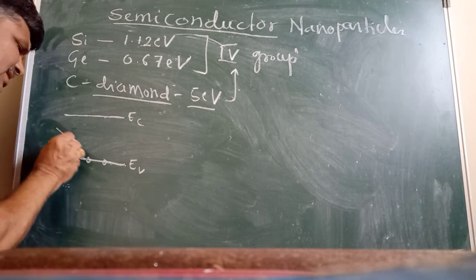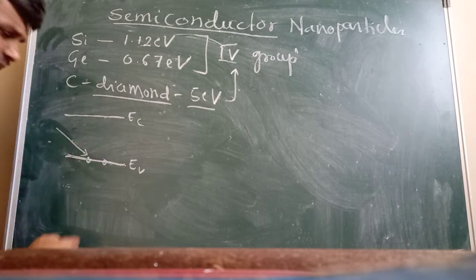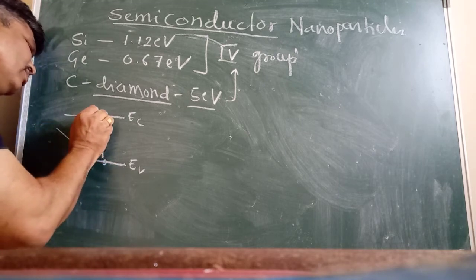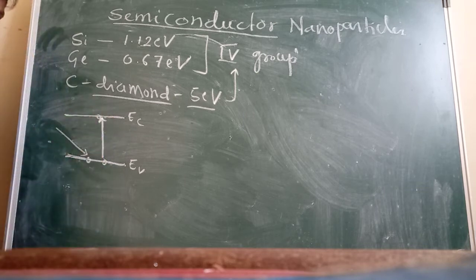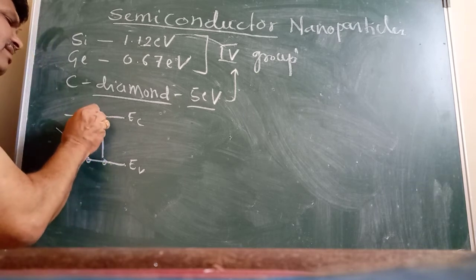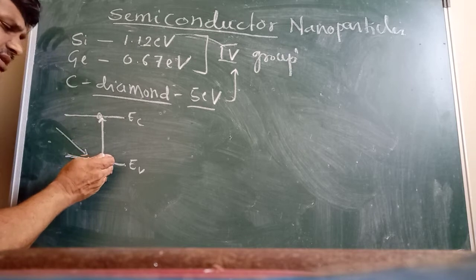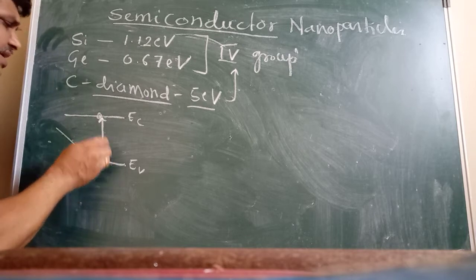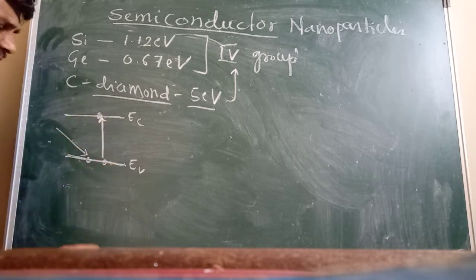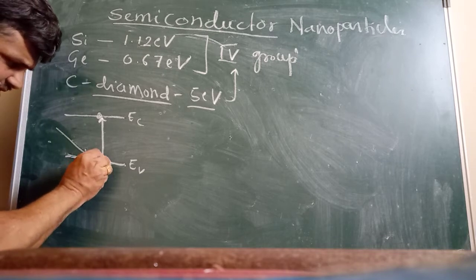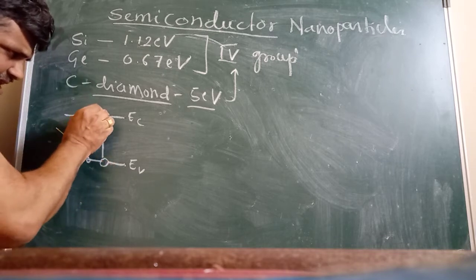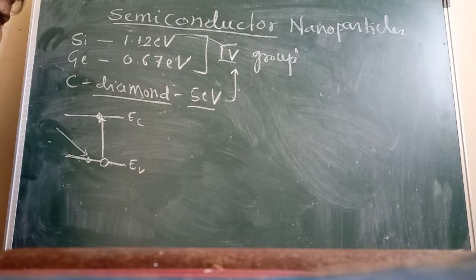When some energy is supplied, the electron goes to the conduction band, but these electrons immediately come back to the valence band. But if they do not come back, they form a gap here and one electron in the conduction band.